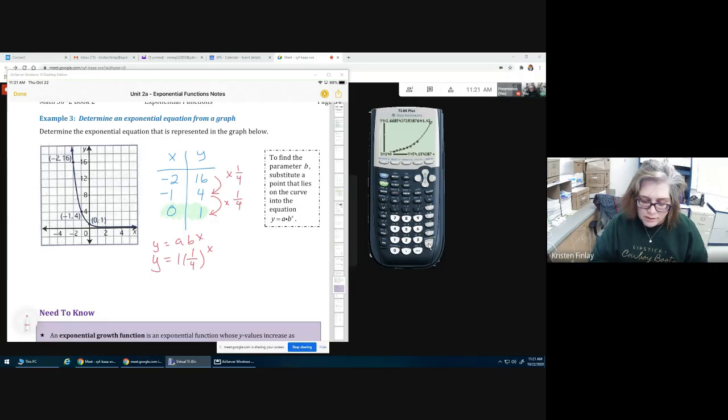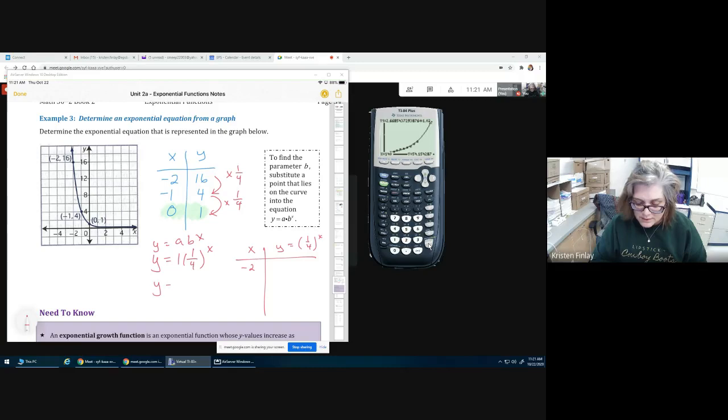You can test that by plotting it. And the other way you could do it is you could just substitute in values and see what works, right? Testing this, if we have x equals -2, y equals 1/4 to the x, right?